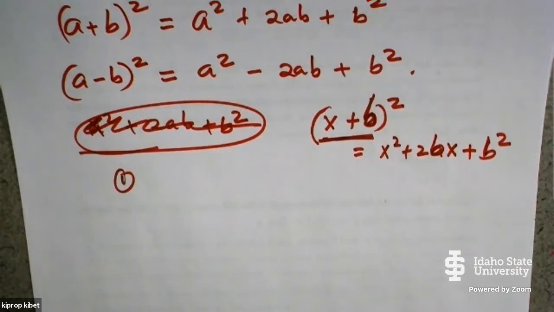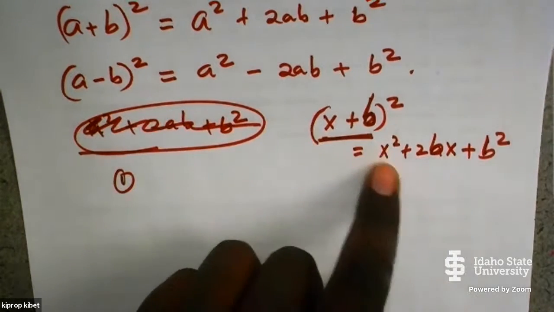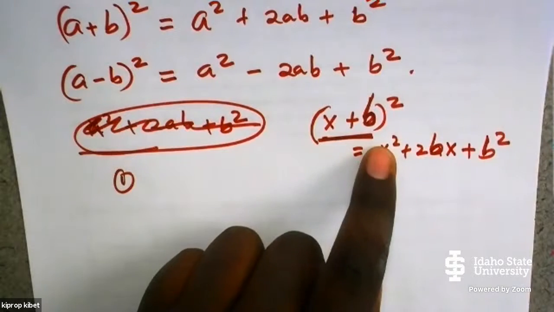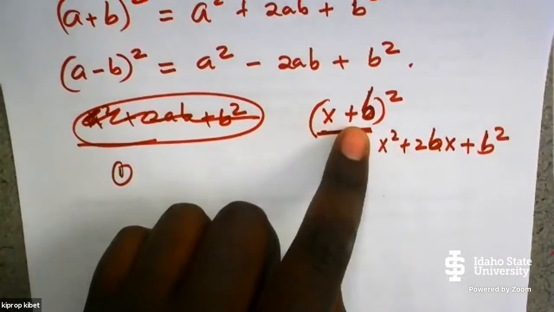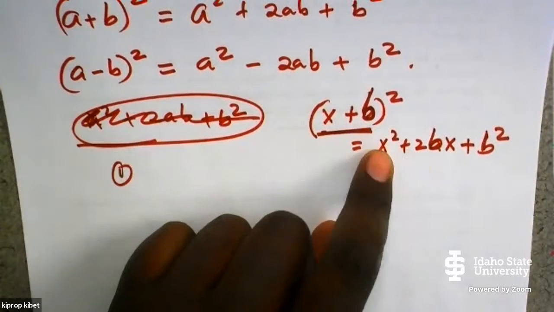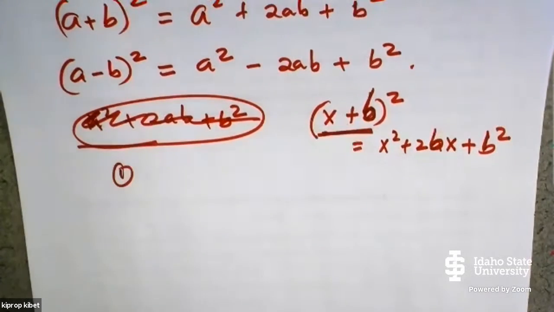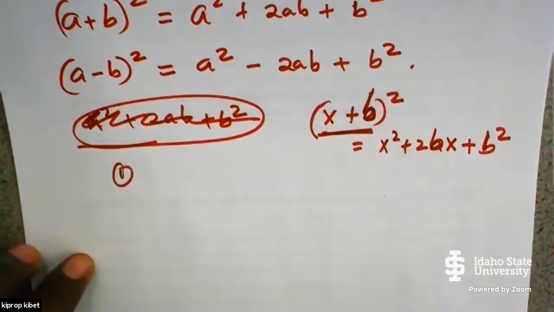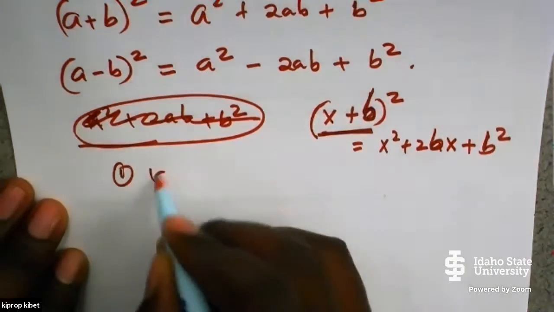So what are the steps of writing this x squared plus 2bx into x plus b squared? The first step is identify b.